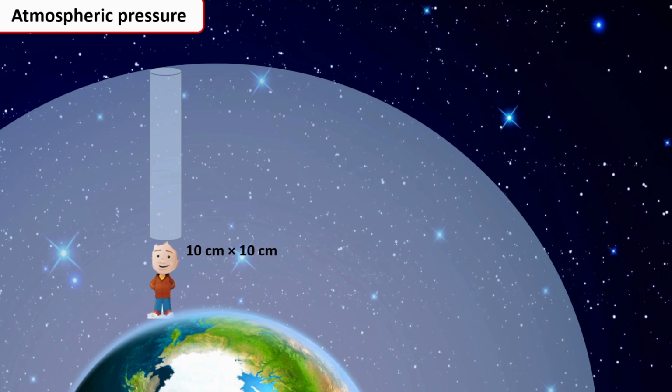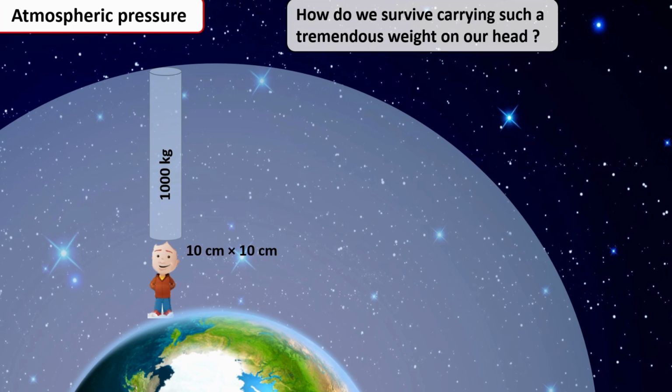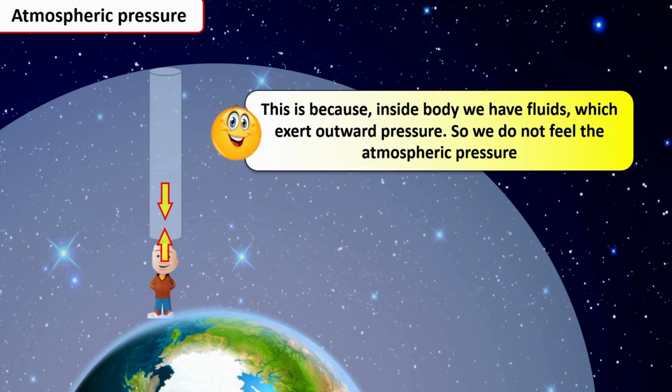A man carries about 100 kg. So, how do we survive carrying such a tremendous weight on our head? This is because inside the body we have fluids which exert outward pressure. So, we do not feel the atmospheric pressure.